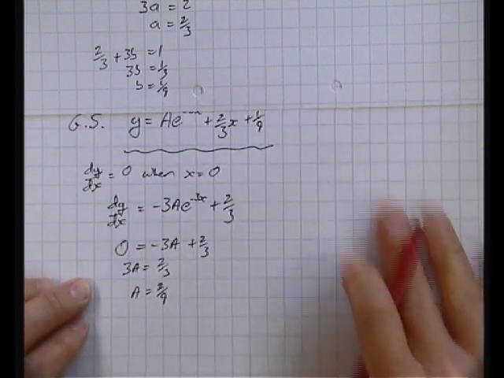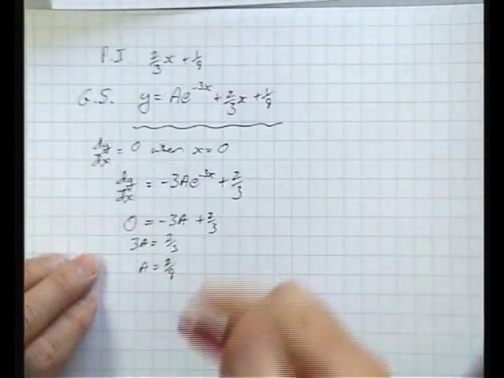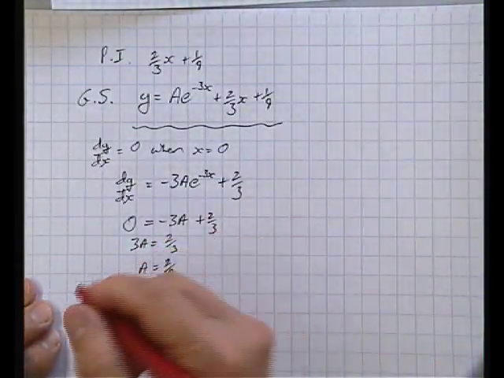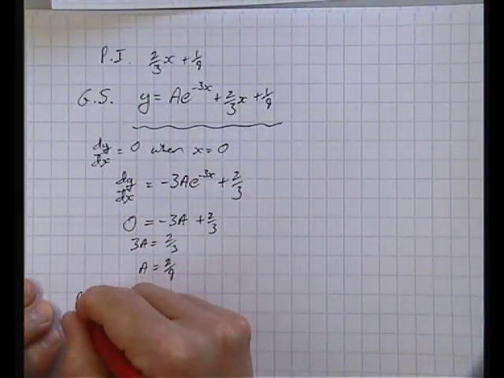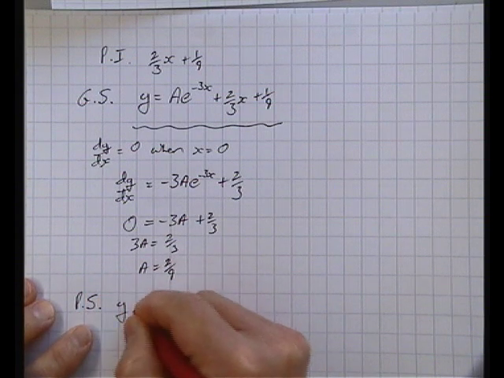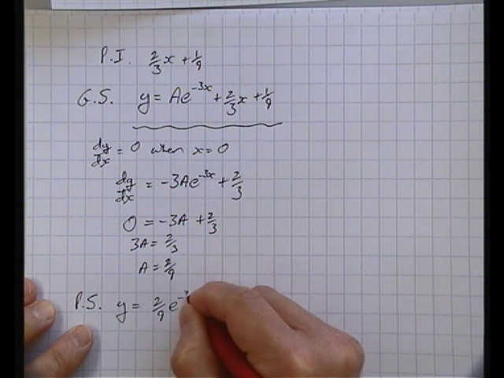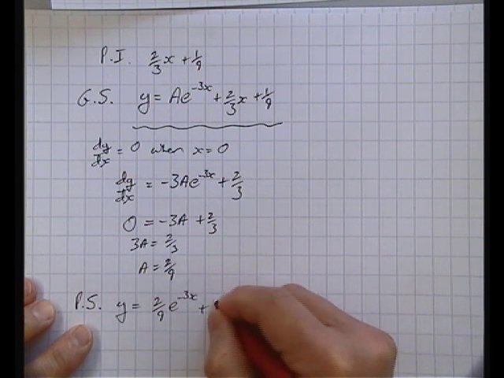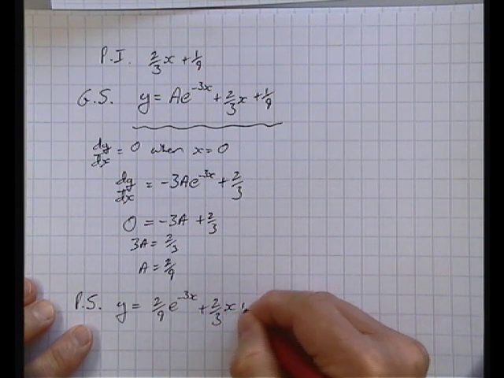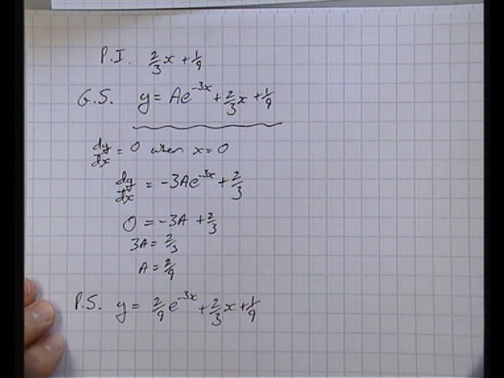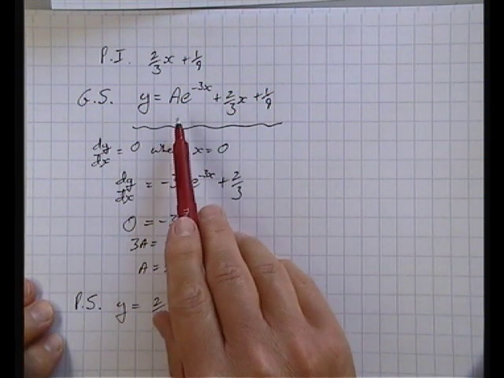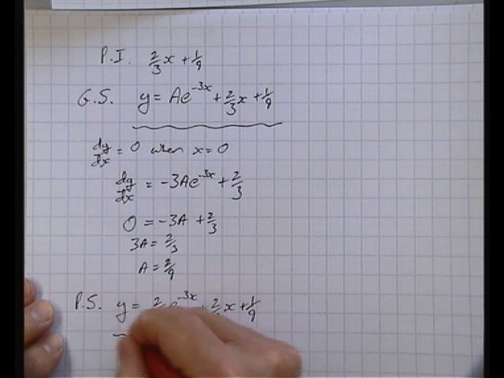And so that's going to give me my final particular solution. It's going to be y equals 2/9 e to the minus 3x plus 2/3 x plus 1/9. Just take that A, put it back into the general solution.